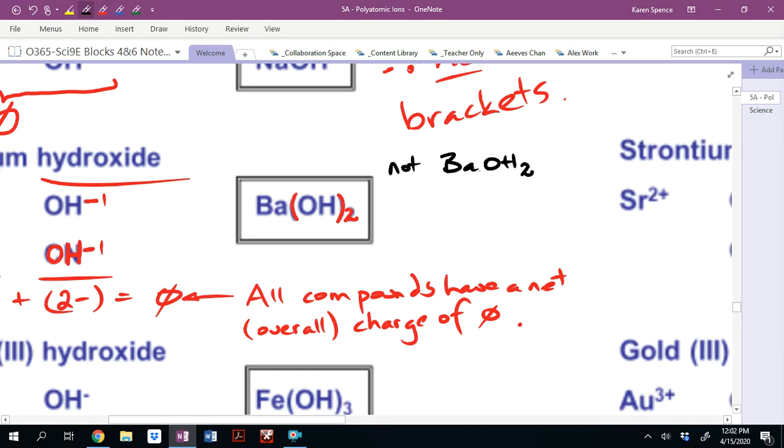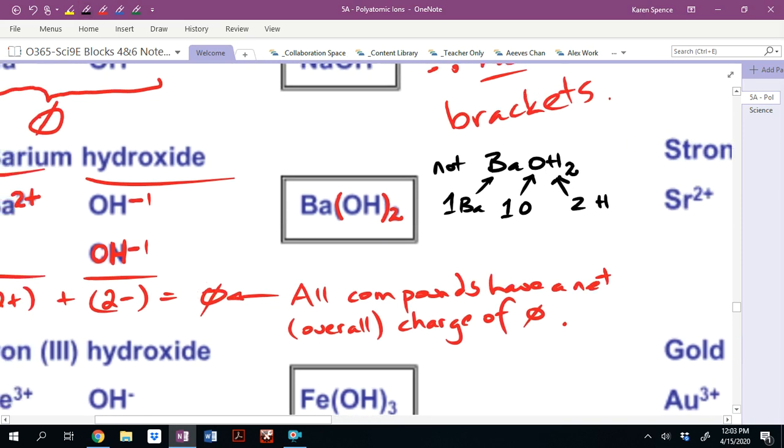The problem with this is it would mean you had 1 barium, 1 oxygen atom, because the oxygen does not have a 2, and 2 hydrogens.